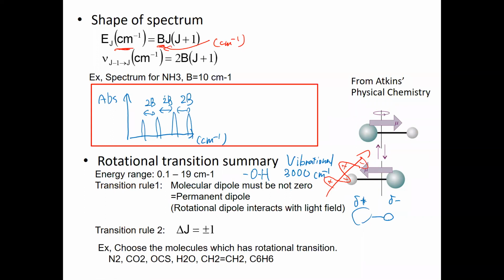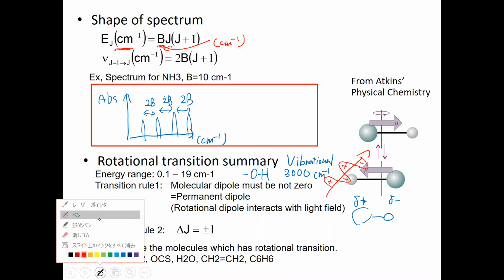The light polarization must interact with some dipole. That's why you need to have a dipole during the rotation. So the molecule needs to have a permanent dipole. That's a necessary requirement for the first transition rule.